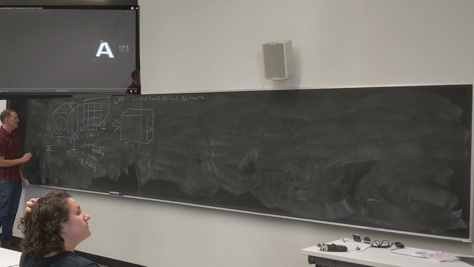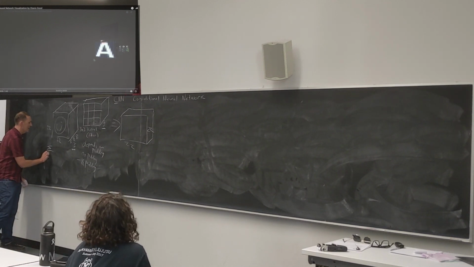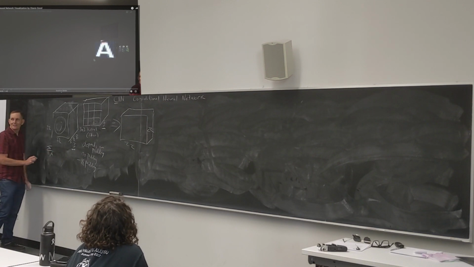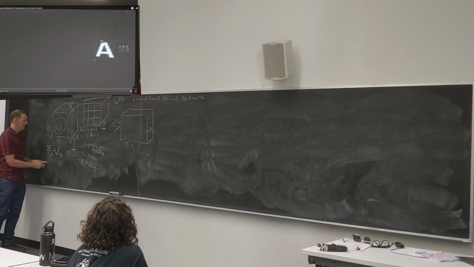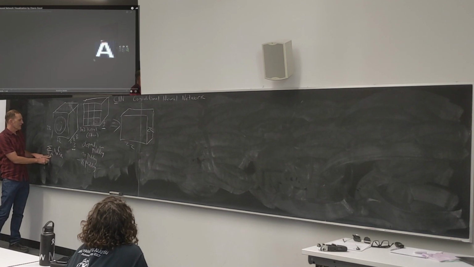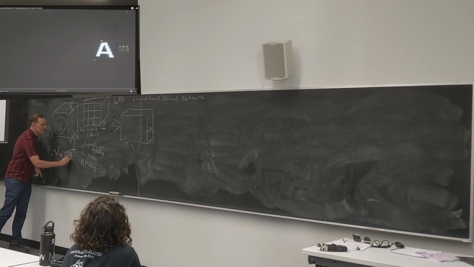So it's basically a summation over i, j, k of our original input, i, j, k, times the filter F, i, j, k. So 3 values for i, 3 values for j, 3 values for k.